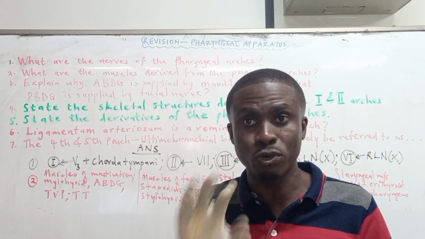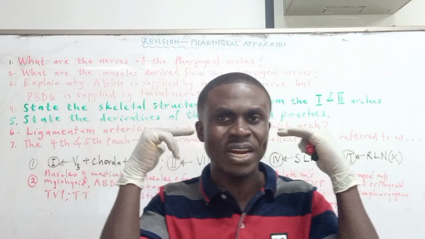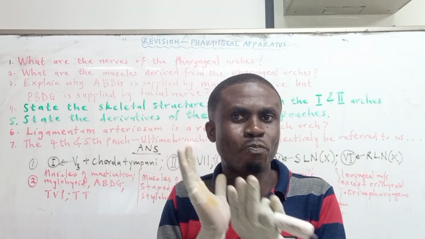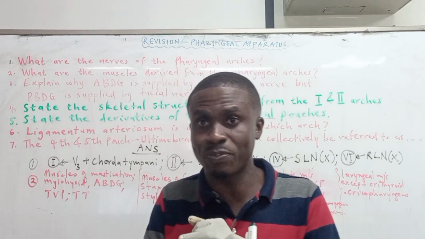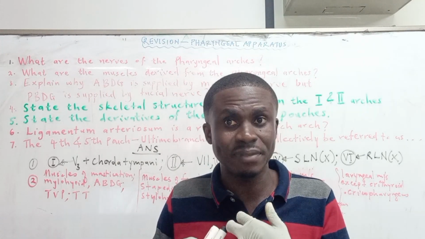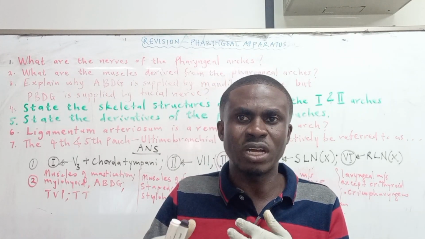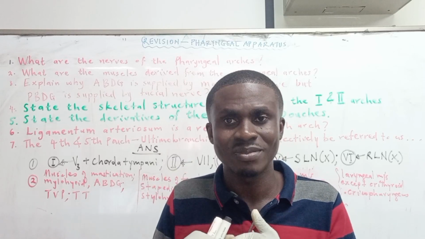There are 4 pouches I want you to know. The first pouch is related with the ear. So the first pouch will give rise to the inner layer of the tympanic membrane, then we go on to the middle ear cavity. Going from anterior to posterior, we talk about the mastoid antrum.